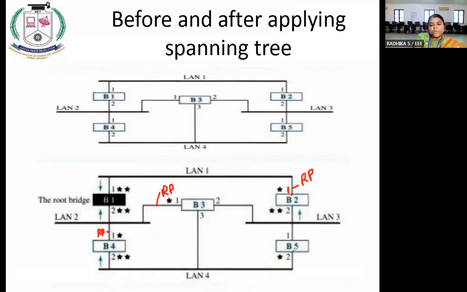Now, if I take bridge 5, you can reach the root bridge through port 1 of bridge 5 or port 2 of bridge 5. If I take the route through port 1, then I can take the path B2 to B1, the path B3 to B1, or the path B4 to B1.